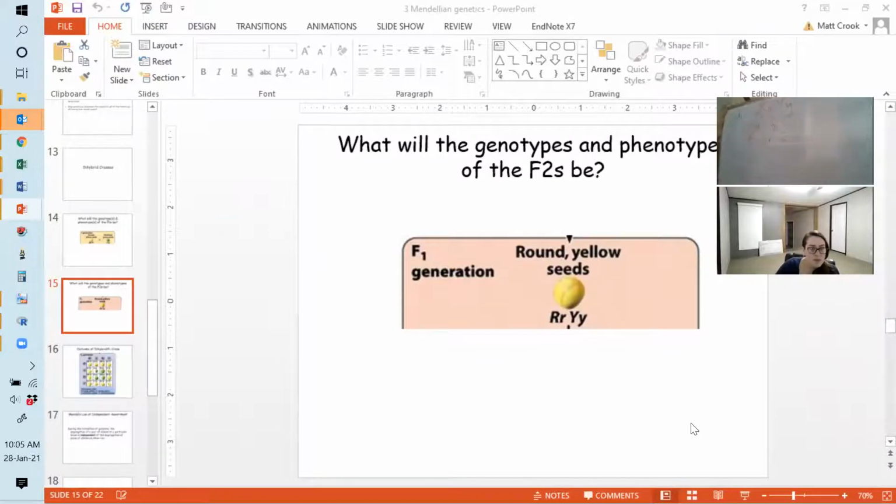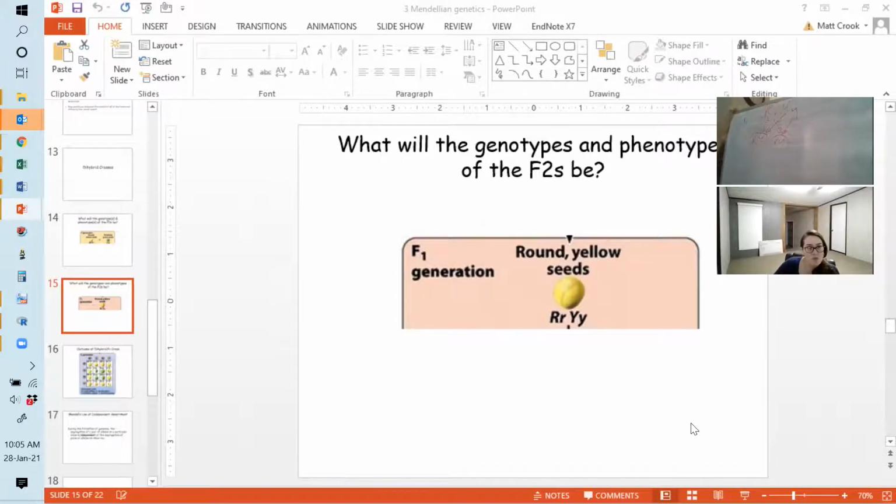And so you can have each gene. For the R gene, for example, you can have a gamete with either an R or a Y, right? Makes sense. For your Y, you also get either a big Y or a little y.